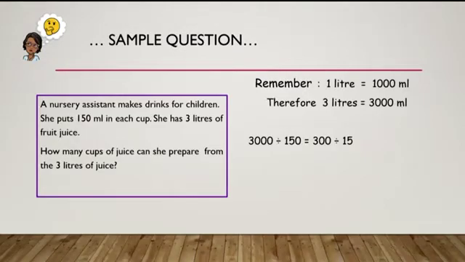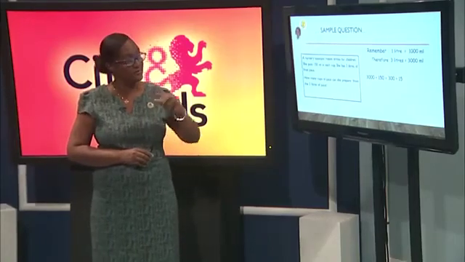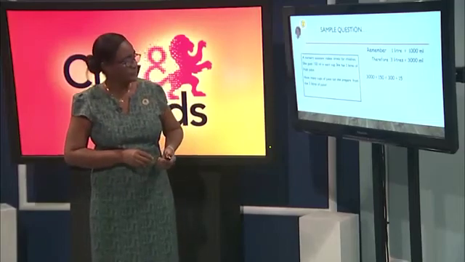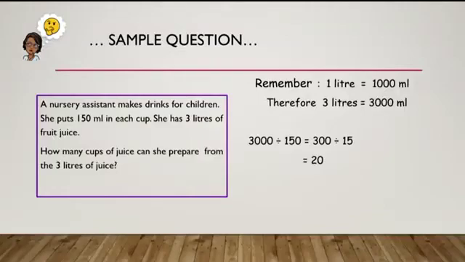Or, as I have done here on the screen, I divided both numbers, divisor and dividend, by 10. I now have 300 divided by 15. That's easier to do. Again, you could do the repeat subtraction by taking away 15 from 300 over and over and count as you go along. I got 20 for my answer. Did you get 20? Good job.